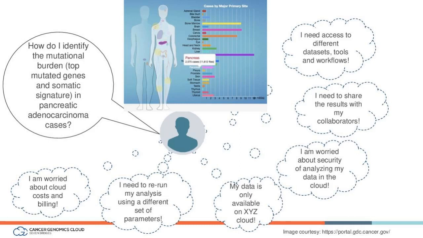So I need access to the data sets, tools, and the workflows all in the same place. That's one question. And then research doesn't happen in a silo, right? You want to share with your collaborators, with other people in your own lab or outside your laboratory across the country or the world. So you need a way to securely share all the results of your analysis with your collaborators.